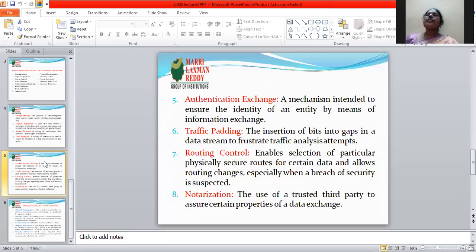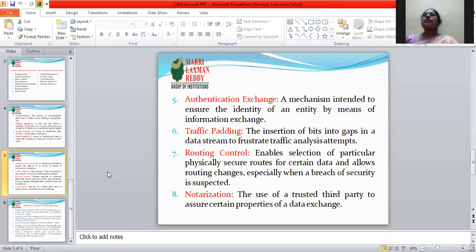Any information related to the entity is exchanged, ensuring the identity. That is authentication exchange. Here, the verification of user ID ensures the identity of an entity.